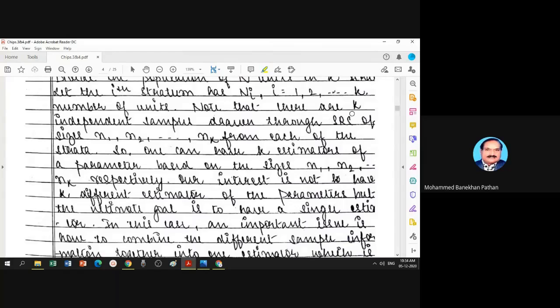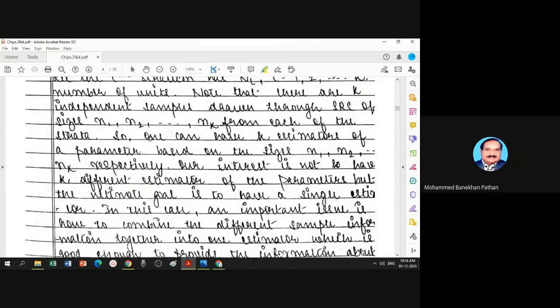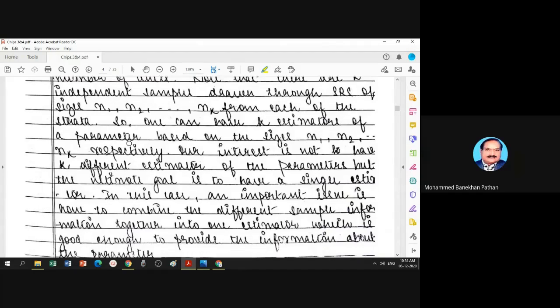Write clearly SRSWOR. We get n1 from capital N1, n2 from capital N2, and so on. So one can have an estimate of the parameter based on the sample sizes n1, n2, nk respectively by using simple random sampling without replacement.